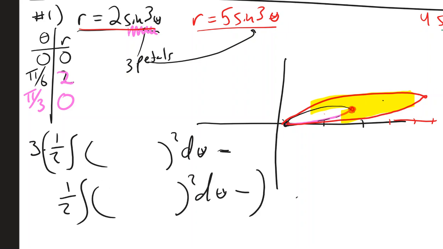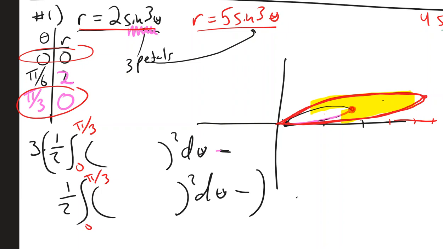So I could find the area of all of this in red. And again, I know the graphs are a pain, but the nice thing about the graphs is you also probably have the angles you need. This started at 0 radians and finished making one petal at pi over 3 radians. And same with this guy, 0 to pi over 3.